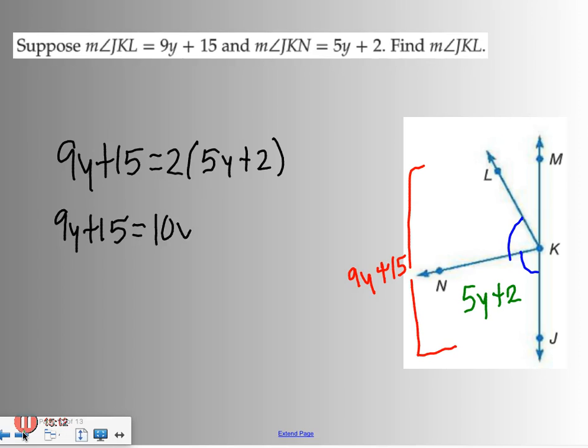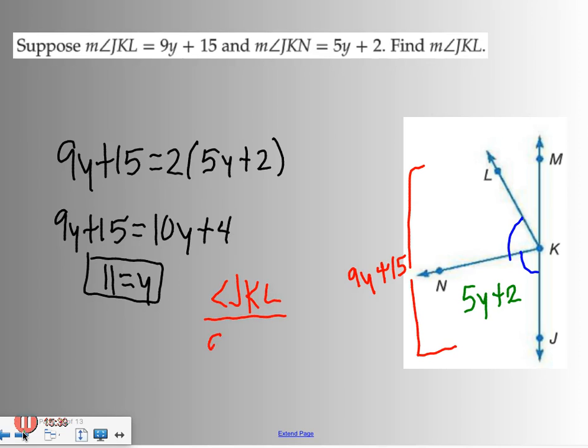Distribute. 11 for y. But did we want to know the value of y, or what were we asked to find? JKL, so plug into here. So 99 plus 15 is 114 degrees.